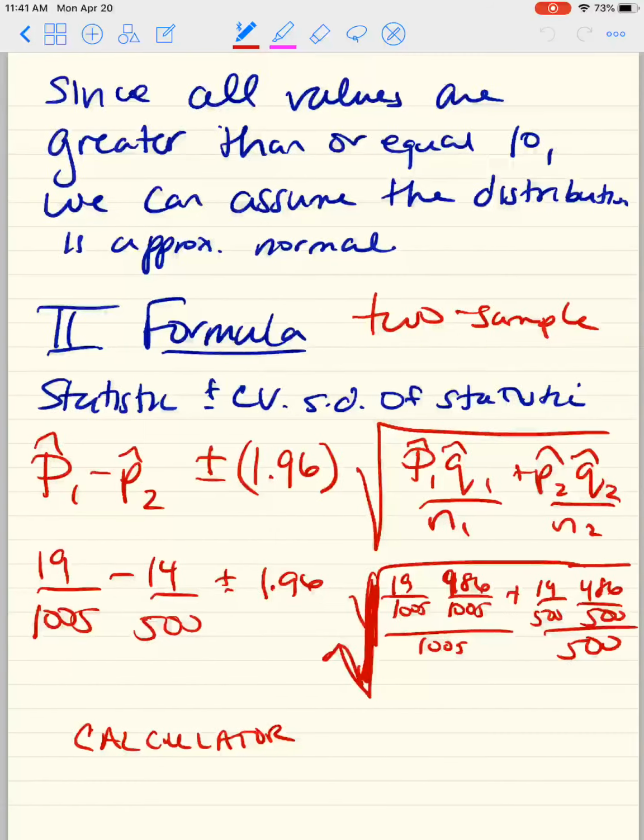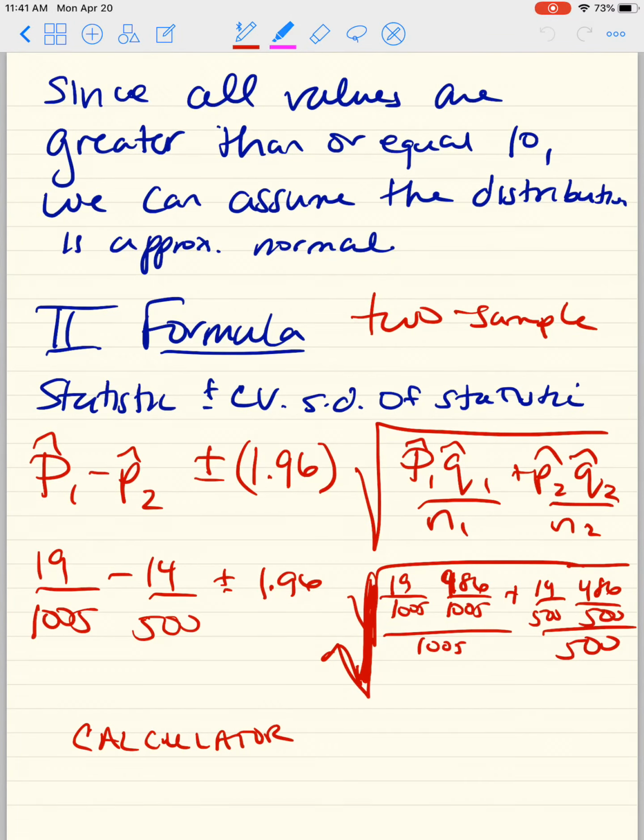The reason is that since all the values are greater than or equal to 10, we can assume the distribution is approximately normal. That's very useful because you can't do a confidence interval unless we have some reason that it's approximately normal. So that's part one: those two conditions, randomization and that they're all bigger than 10.